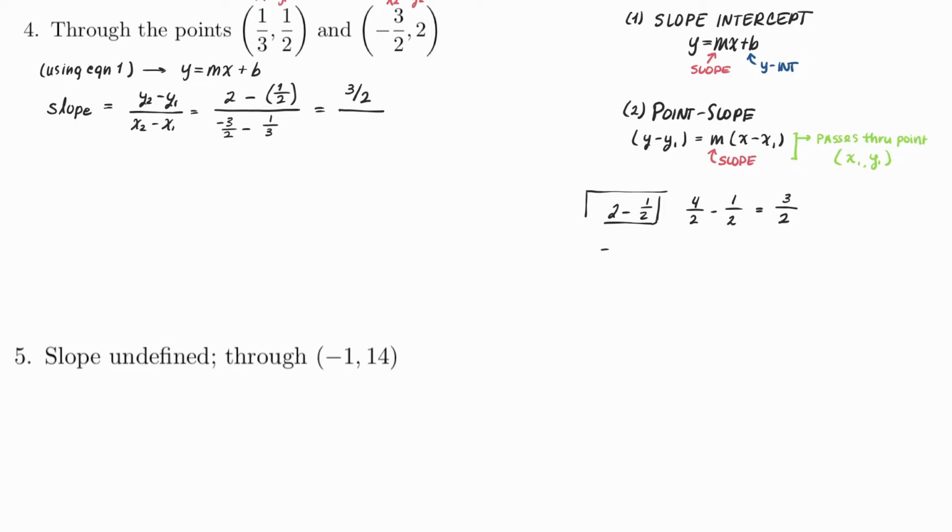And then we'll do -3/2 minus 1/3. Again, I need a common denominator, so maybe I'll use 6. I'll multiply -3/2 by 3/3, and I'll multiply 1/3 by 2/2.